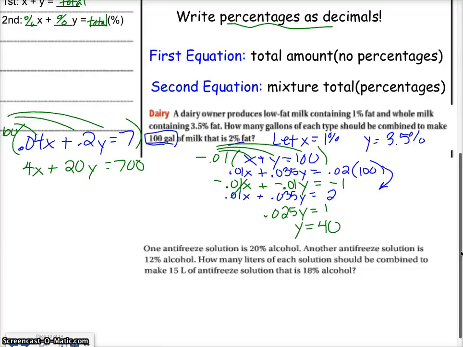Oofta, that's a lot of decimals. You can turn your decimals to whole numbers if the decimal stresses you out. Then that means I need 40 gallons of my 3.5% whole milk. And to find out how much 1% I need, I would go 100, take away 40, because I want 100 total gallons. So I need 60 gallons of 1%.